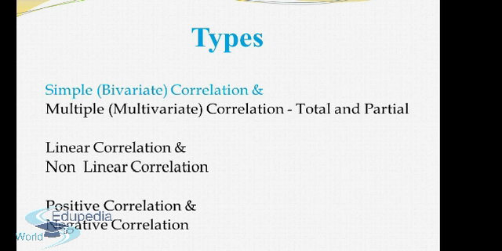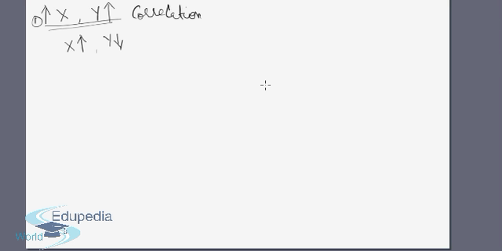Non-linear in the sense if it is not moving in one single line. Let's take these and let's understand using a scatter diagram. Now let me tell you what a scatter diagram is. In fact, scatter diagram is an easy way of understanding correlation.